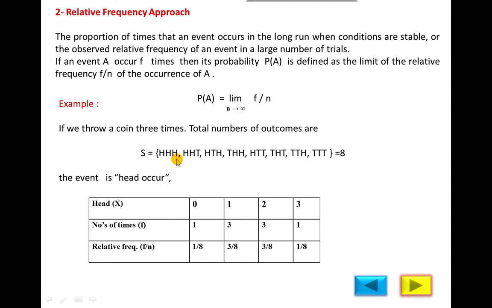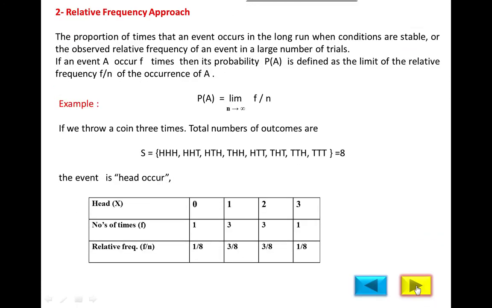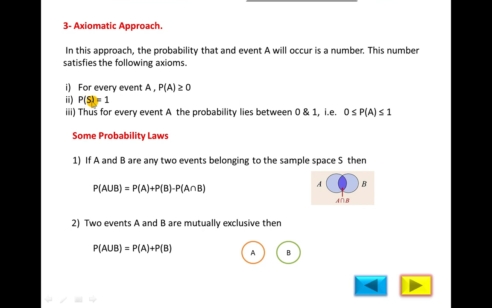So if you add 1 upon 8, 8 times, it will be 8 upon 8 equal to 1. And in the first example, probability of this is 1 upon 4, 1 upon 4, 1 upon 4, 1 upon 4. If you add 1 upon 4, 4 times, it will be 4 upon 4 equal to 1. So the probability of sample space is always equal to 1.